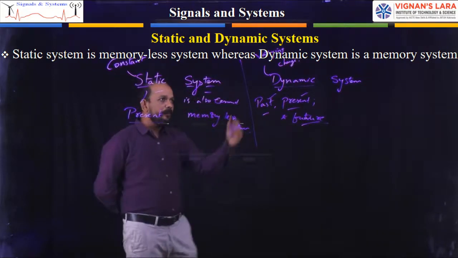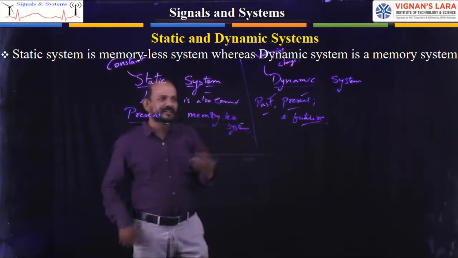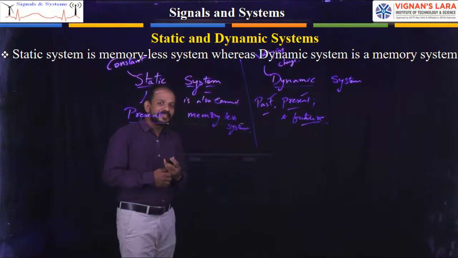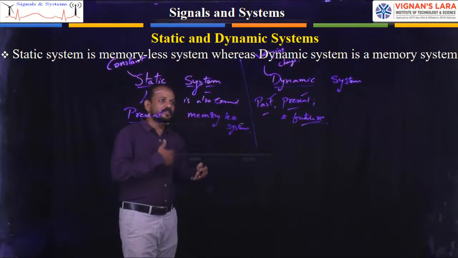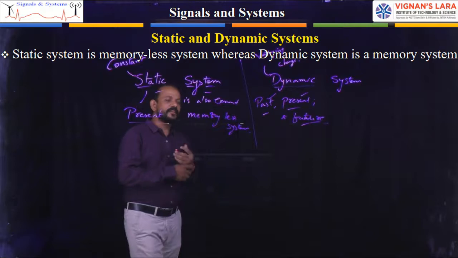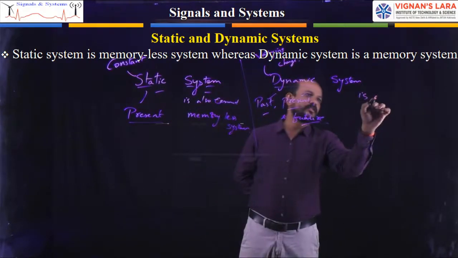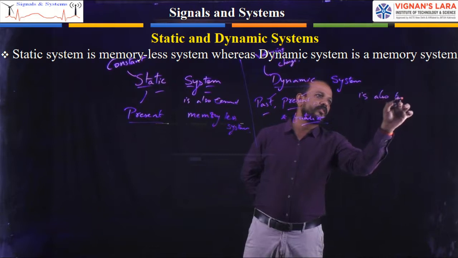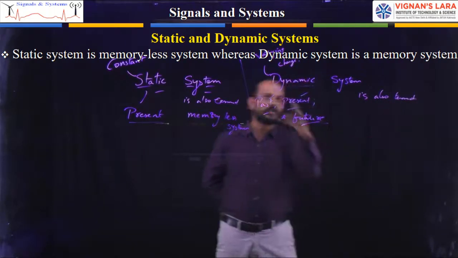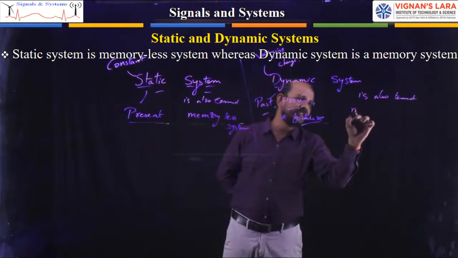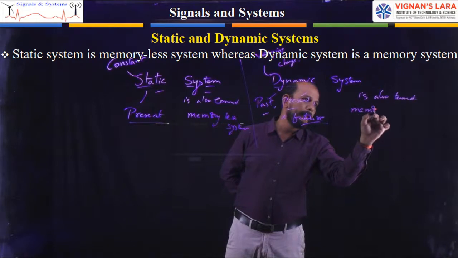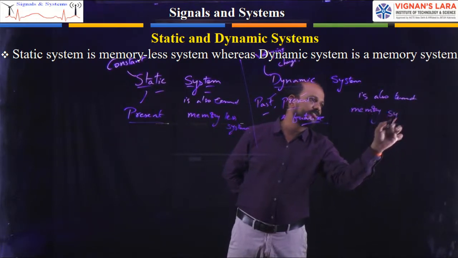Next, coming to dynamic, he can take the past values. For that he needs some memory, so dynamic systems need memory. So the dynamic system is also called, sometimes, a memory system.